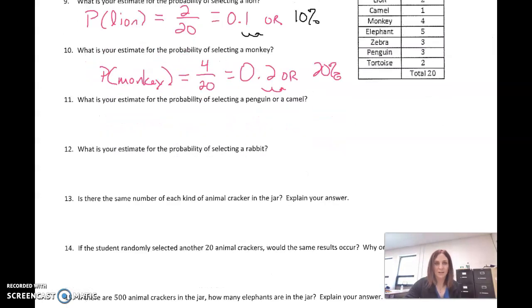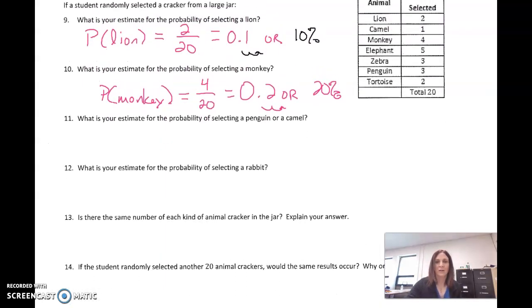All right, how about a penguin or a camel? Okay, so we want the probability of a penguin or a camel. So now we have to take our combined probability there, because we can do either or. Can't do both. They can't be both a penguin and a camel.